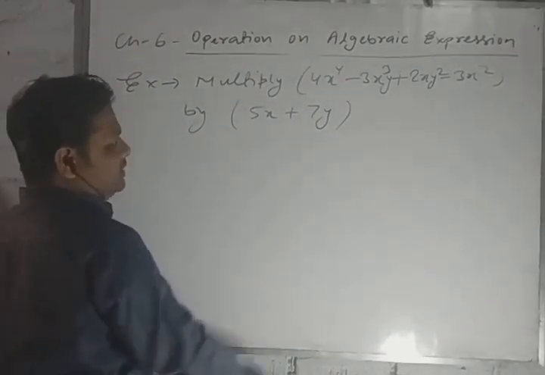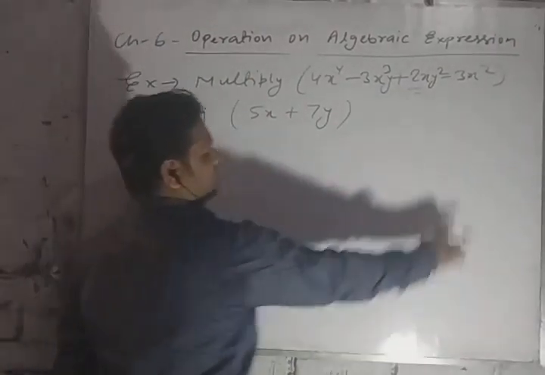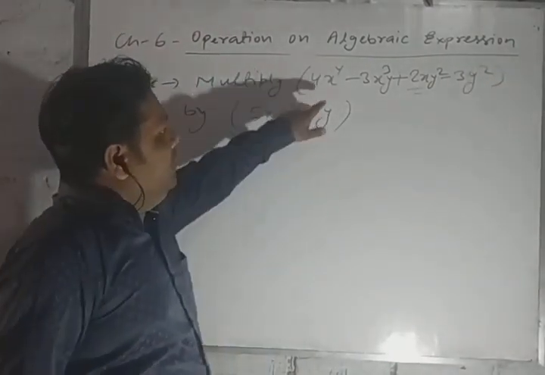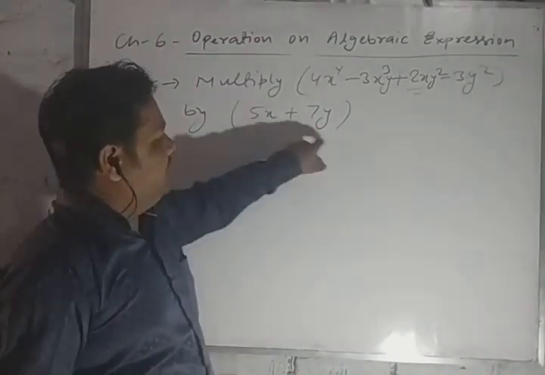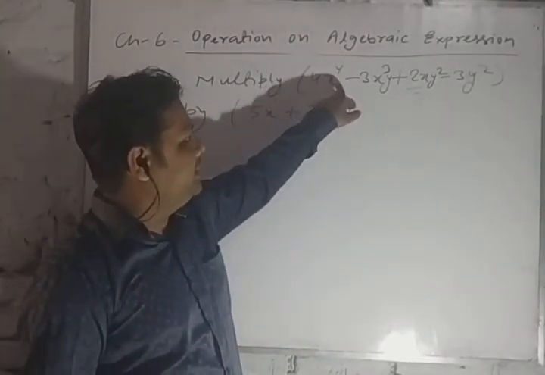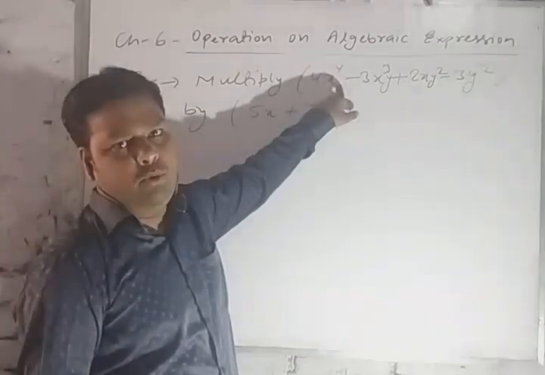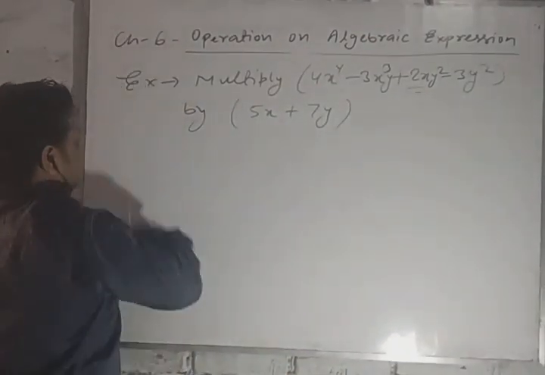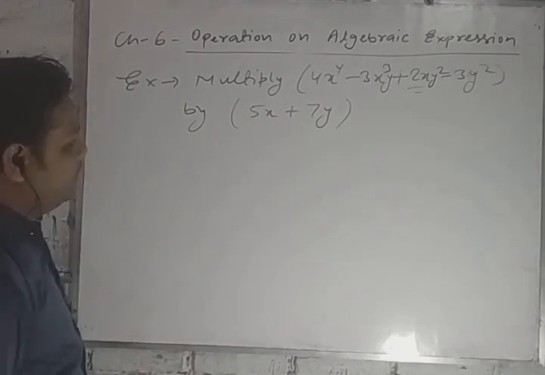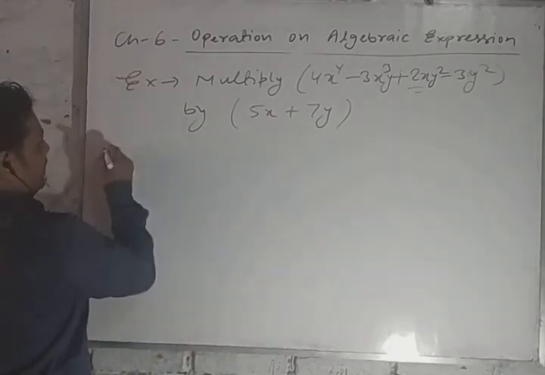Here you can see the first expression is a polynomial and the second expression is a binomial, because it has two terms, while the first has more than two terms, so it is a polynomial. Now the rule is already written. Let's see how to solve.